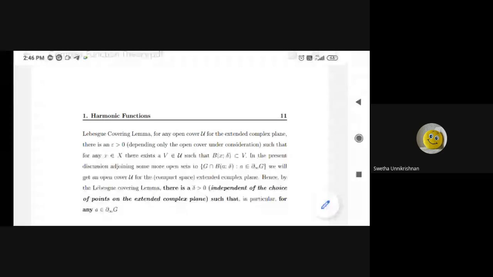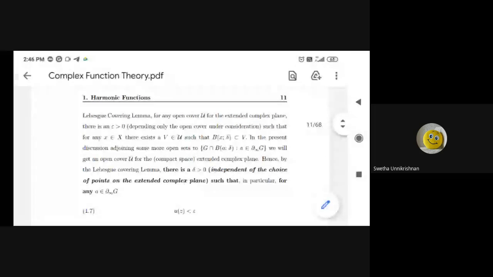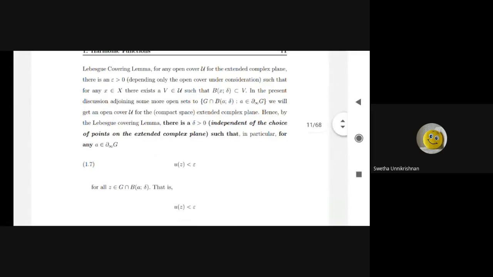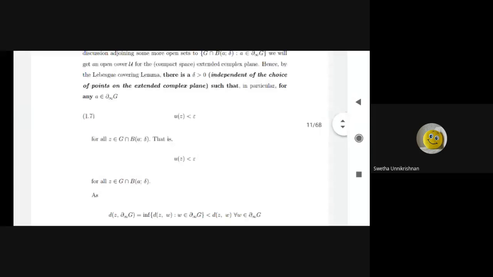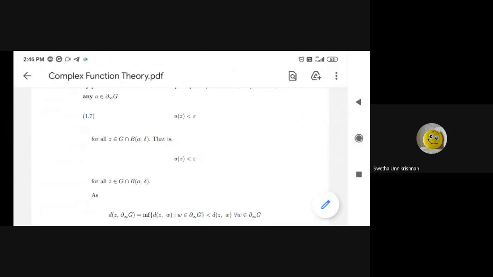Then by the Lebesgue covering lemma, there is a delta greater than 0 independent of the choice of the points on the extended complex plane such that in particular for any A belongs to del infinity of G, u of z is less than epsilon for all z belongs to G intersection B of A delta.